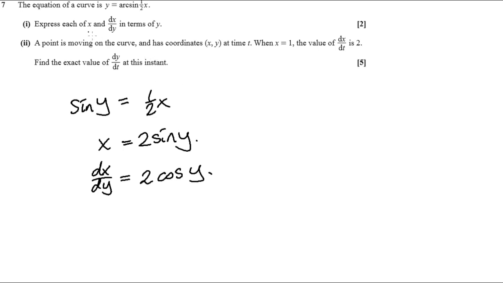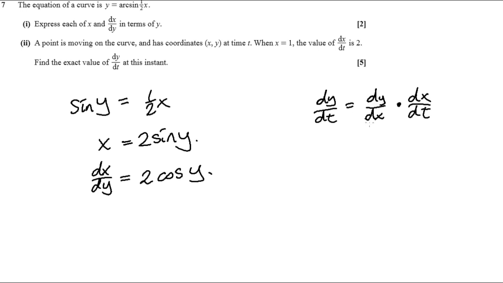Then part 2, we've got a point moving on the curve with respect to time. When x is 1, dx by dt is 2. Find dy by dt. So dy by dt, we know it has to be dy by dx multiplied by dx by dt due to chain rule, because the dx's can cancel.